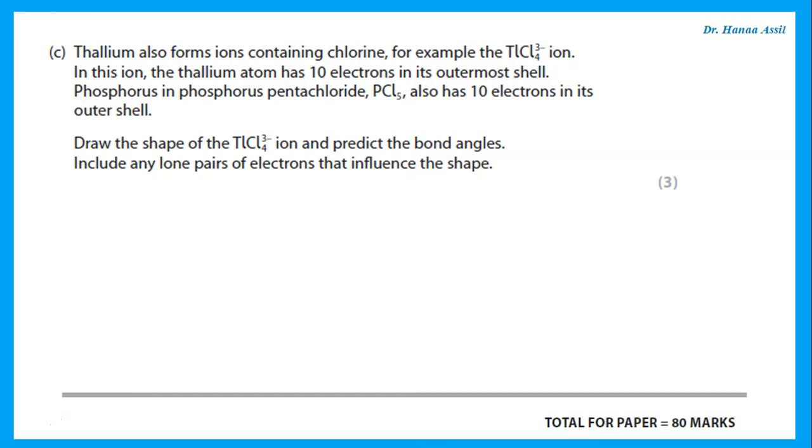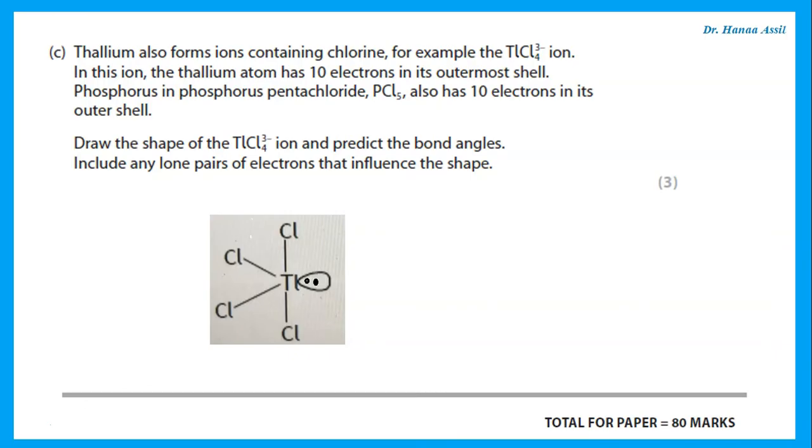So draw the shape of the thallium with 4 chloride ions and predict the bond angles. Include any lone pair of electrons that influence the shape. Remember that we're going to draw it just as we draw phosphorus pentachloride, but phosphorus has 5 chlorines, thallium has 4 chlorines and a lone pair of electrons.